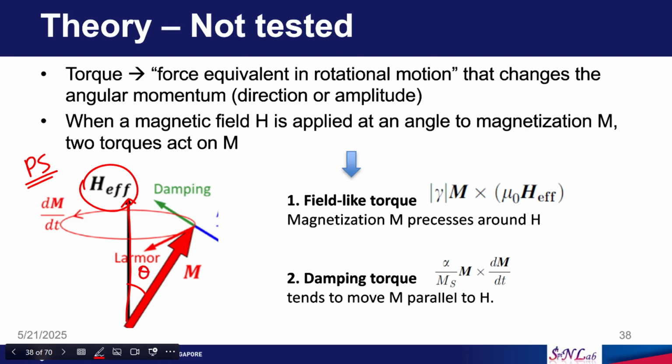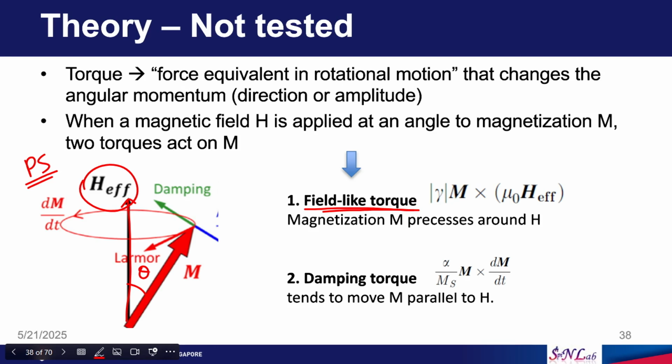Okay. So, this magnetic field will cause a field-like torque. What happens is this magnetization will precess around this magnetic field. So, the magnetization will go around like this.